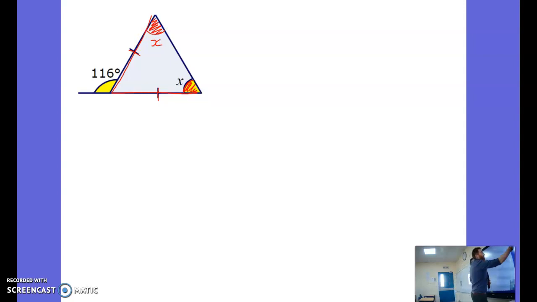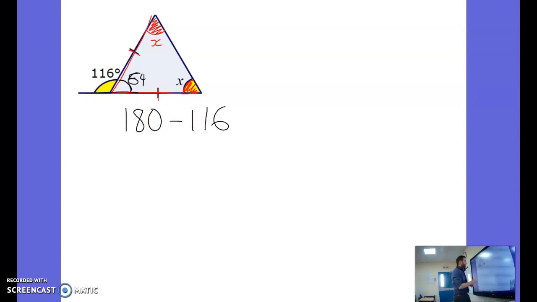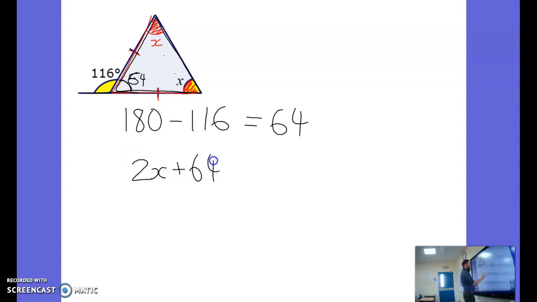First thing I can do with this one is work out that angle. Straight line, so 180 minus 116. 180 minus 116 equals 64. And then I look at this triangle, and the 3 angles add up to 180. So the 2 x's, we're going to have 2x plus 64 equals 180.